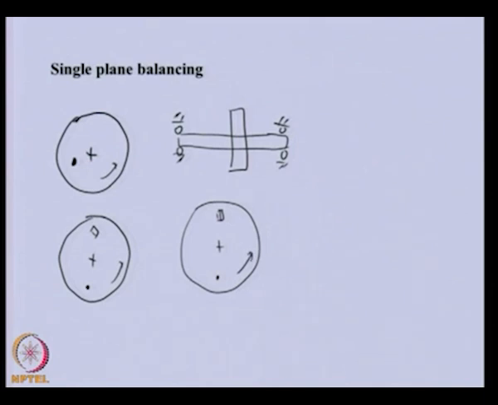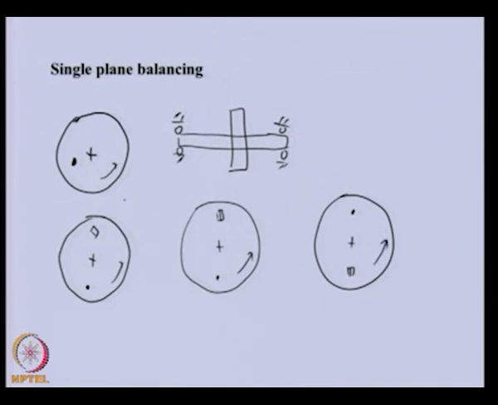Again we need to give a rotation by hand and see how it stops. If it stops something like this, that means whatever additional mass we kept is very heavy, and because of this it is coming to this position. So, we need to remove some mass from here, and then rotate it again.